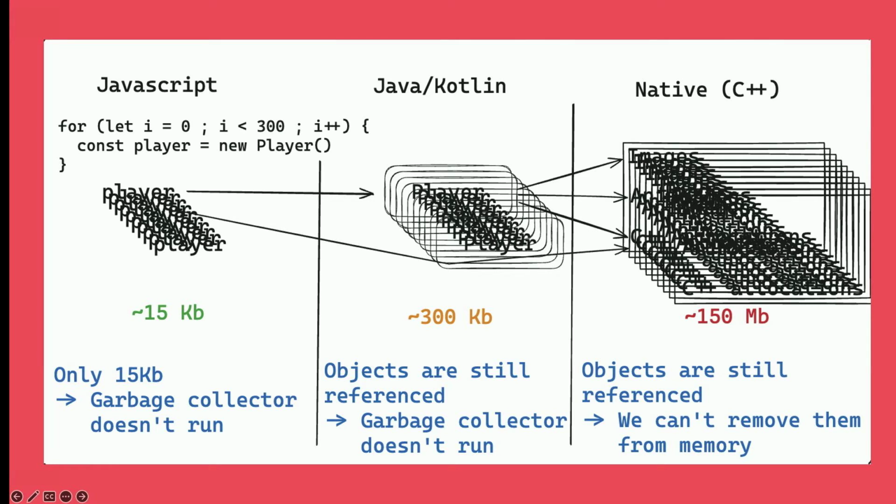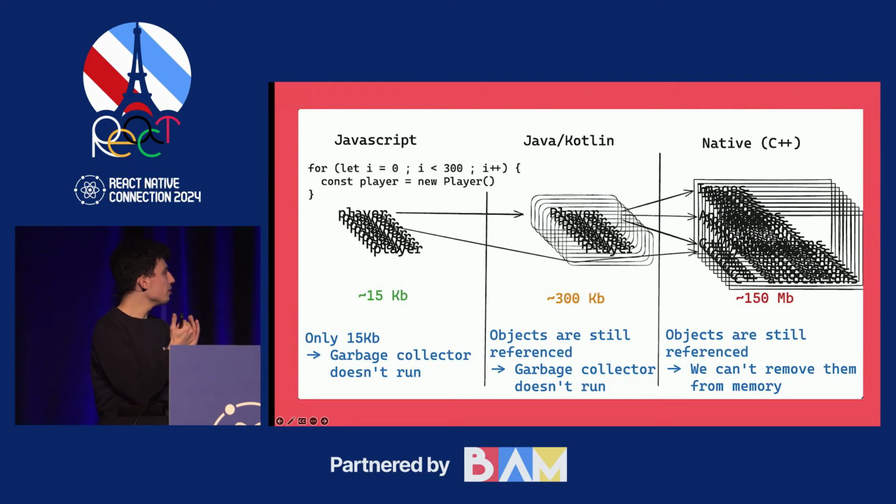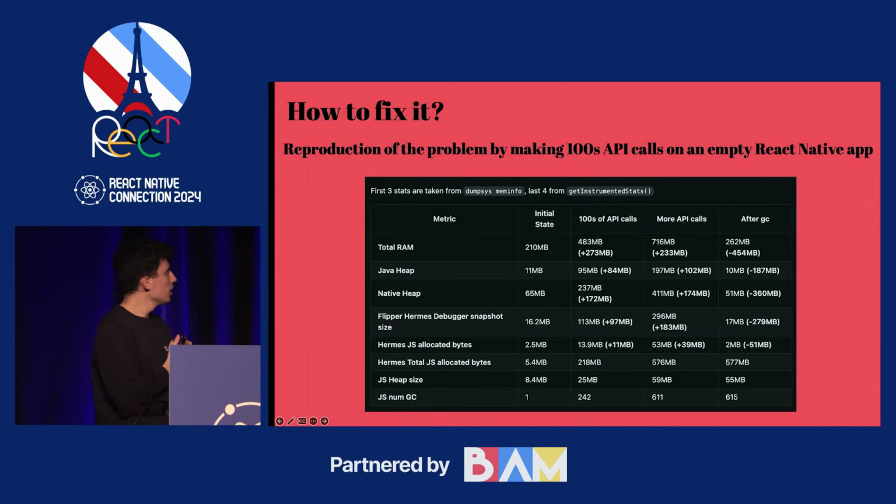But if we look at our native objects, there are 150 megabytes of native objects. So yes, JavaScript is retaining up to 150 megabytes of native objects because Hermes only sees 15 kilobytes of code.